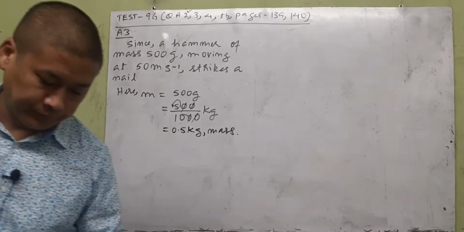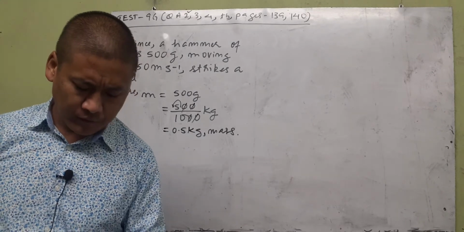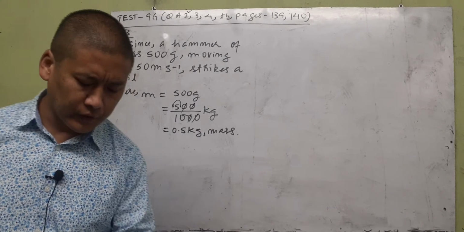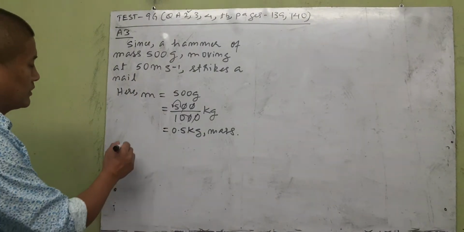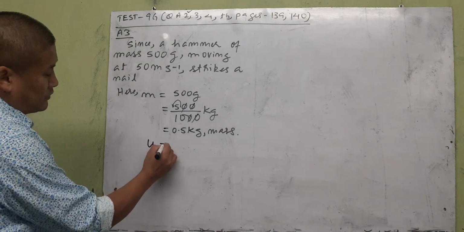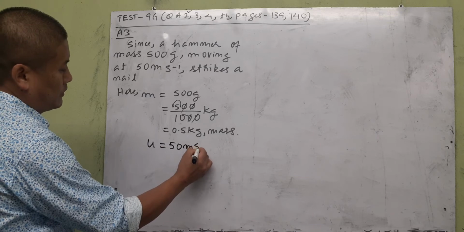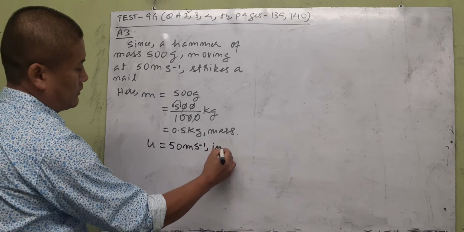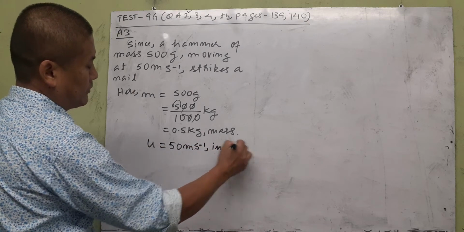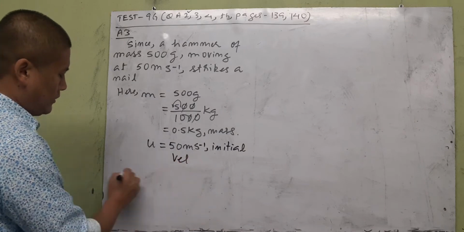Okay, mass of the hammer, right? Moving at 50 meter per second means that is the initial velocity, u equal to 50 meter per second. This is fine because it's already in SI unit, initial velocity.